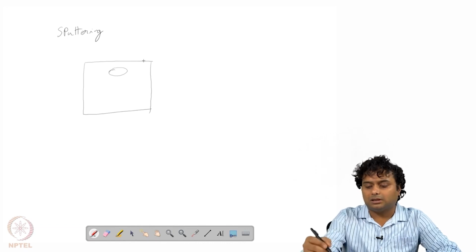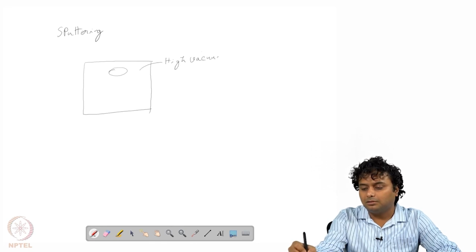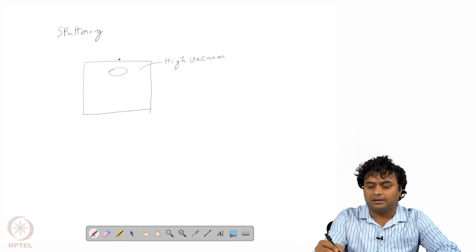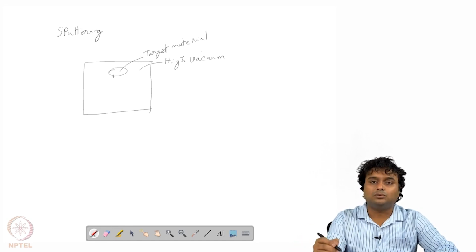The target is the material which we want to coat.